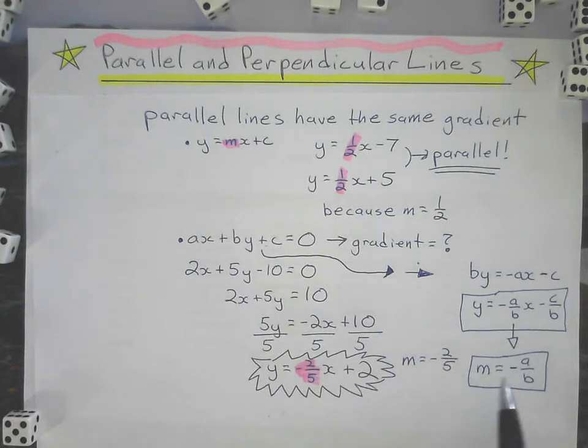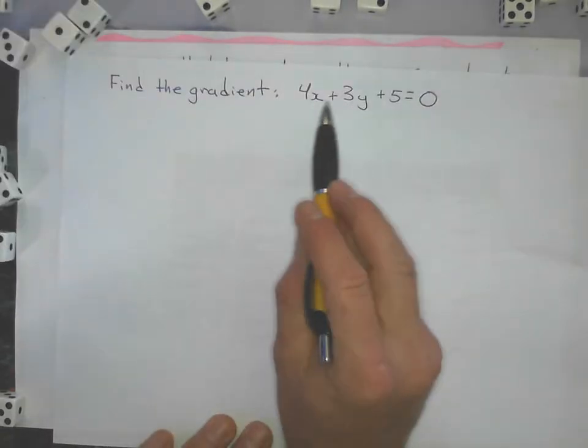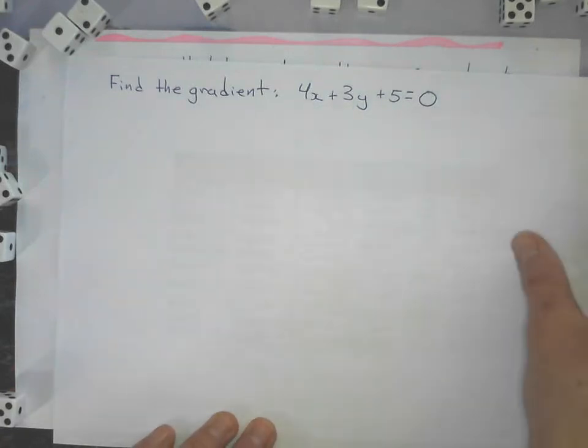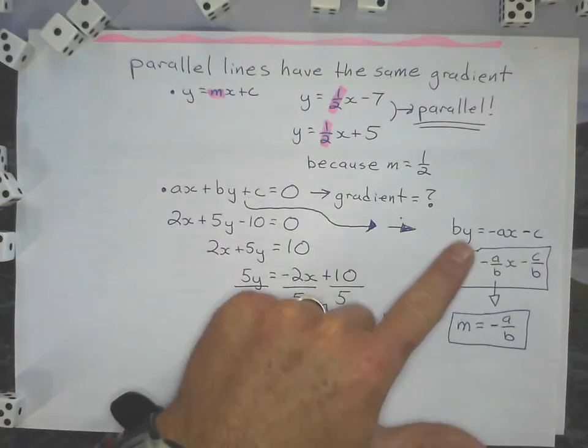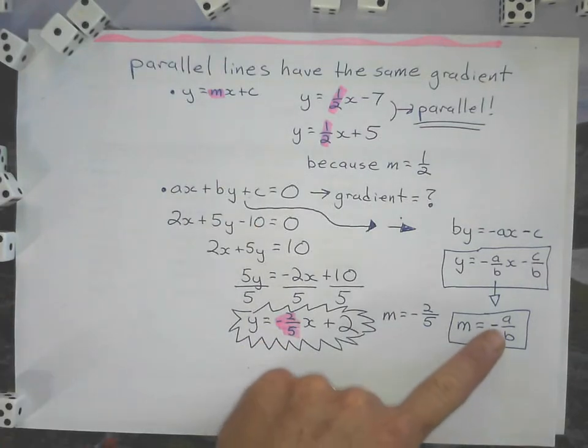To do a quick example, if I have an equation written in this form and I just want to find the gradient without rearranging, I can just look at the coefficients of a and b and do that trick.